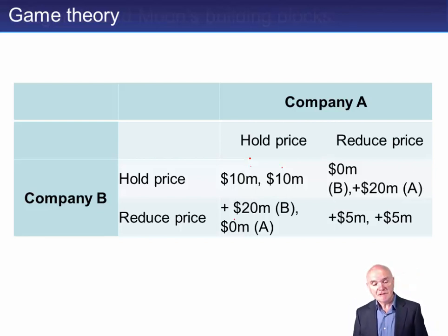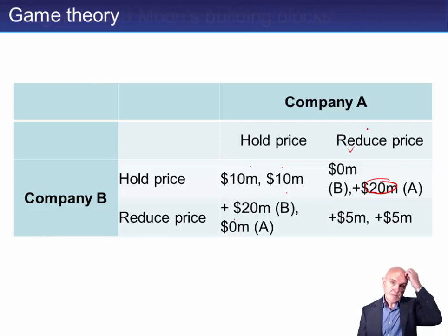So if I hold my price, I earn 10. Let's say first of all, if I hold my price and B holds its price, I'll make 10 million. If I reduce my price and B holds its price, I'll make 20 million. So I'm definitely better in that scenario reducing my price, because my sales go from 10 million to 20 million.